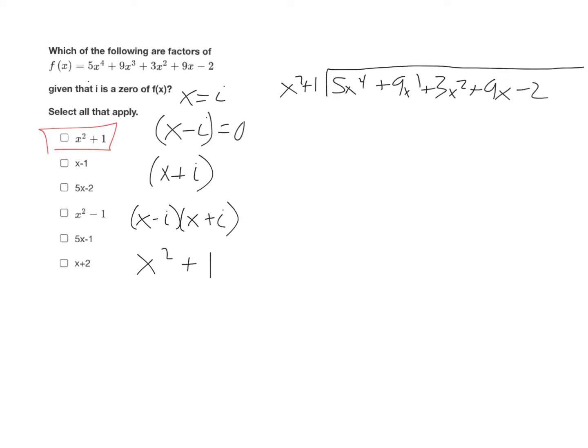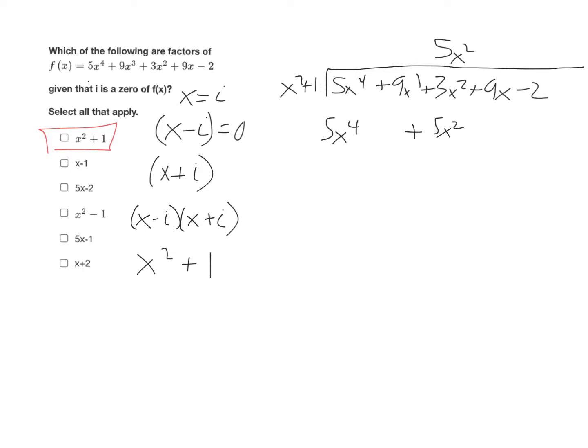I look at my first term. What do I have to multiply this first term on the outside by to turn it into this first term? That would be 5x squared. Distribute that to the outside, 5x to the 4th plus 5x squared for multiplying by the 1 here.